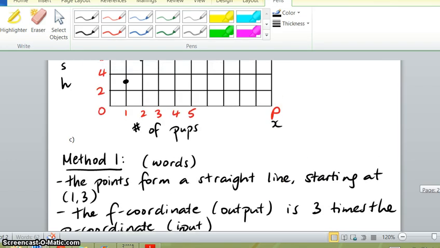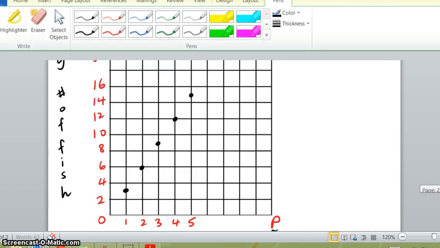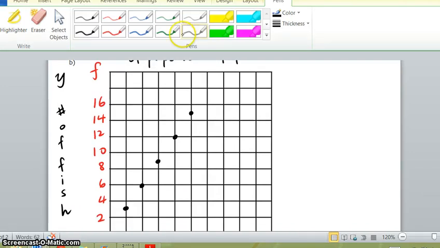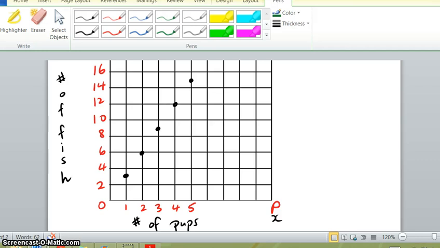Okay, so what I mean by that, if you look up here, let's just do this in a different color. If we look at the distance between these 2 points, you're going from this value to this value. Remember, we always deal with the horizontal distance first.